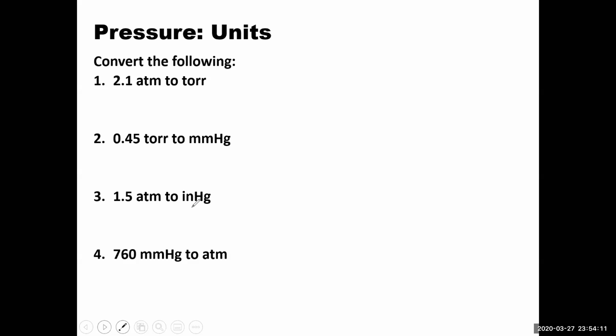So we're starting off with our 1.5 atmosphere, and we want to end up with a certain amount of inches of mercury.